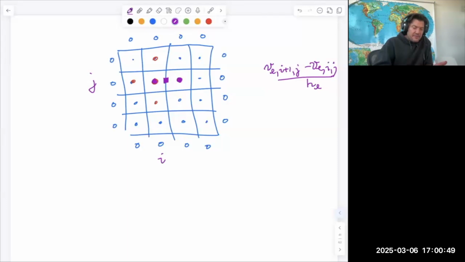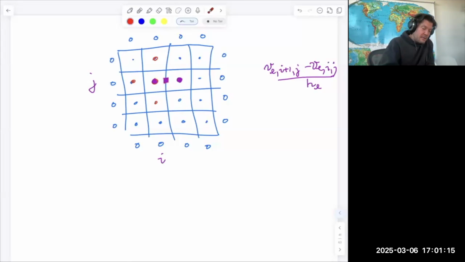It's a central difference with respect to that edge point. If I do the difference of this value minus that, divide by HL, that becomes a second order approximation of a derivative, but second order only if I understand the value of this difference as being defined here at this edge point.